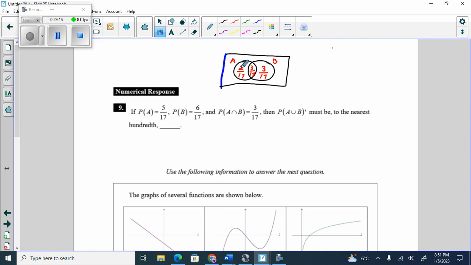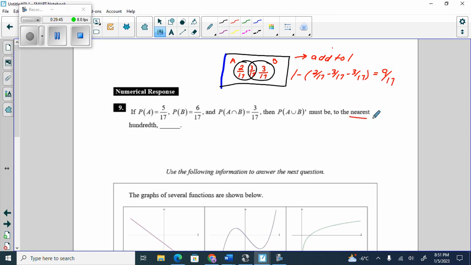Now, probabilities of a Venn diagram, which is what this is, add to 1. So we technically here are going 1 minus 2/17 minus 3/17 minus 3/17, which equals 9/17.